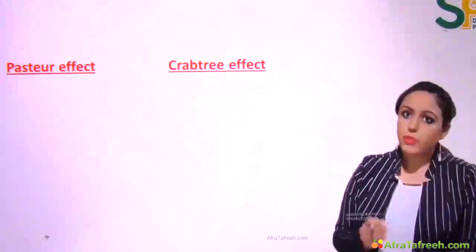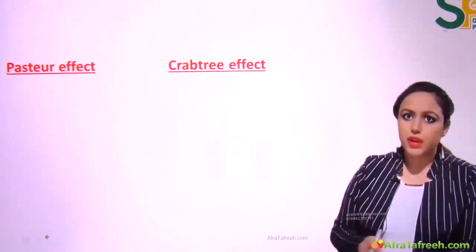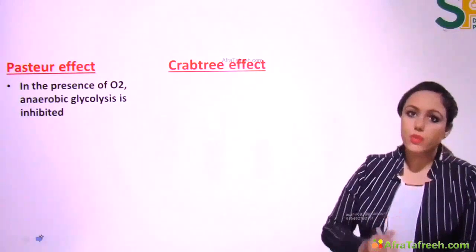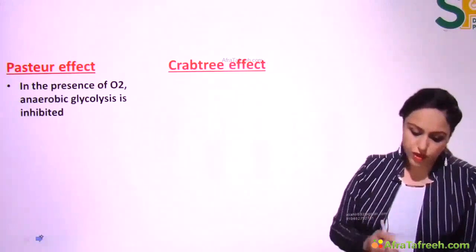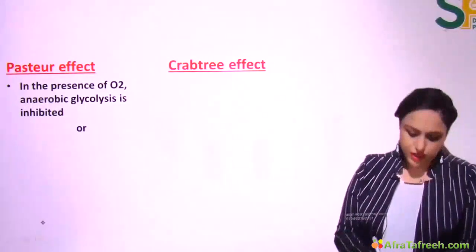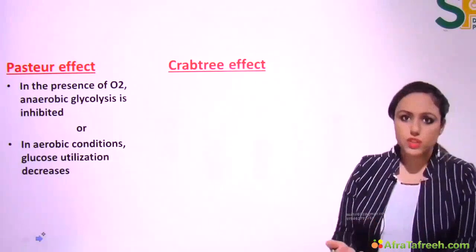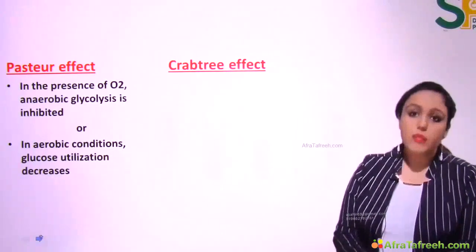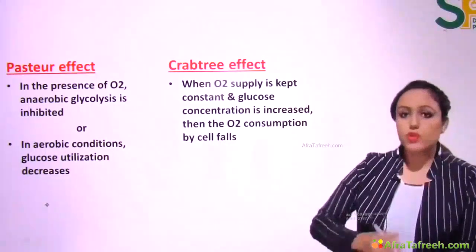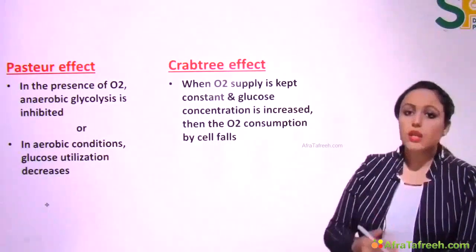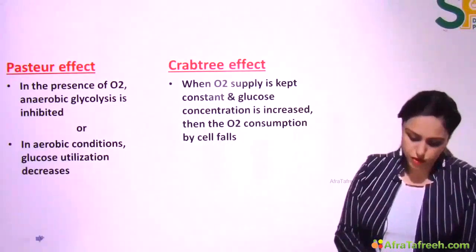Now you can compare Pasteur's effect and Crabtree effect. They're exactly opposite to each other. In Pasteur's effect, in the presence of oxygen, anaerobic glycolysis is inhibited, or we can say that in aerobic conditions, glucose utilization decreases. But what is Crabtree effect? When oxygen supply is kept constant and glucose concentration is increased, then oxygen consumption by the cell falls.